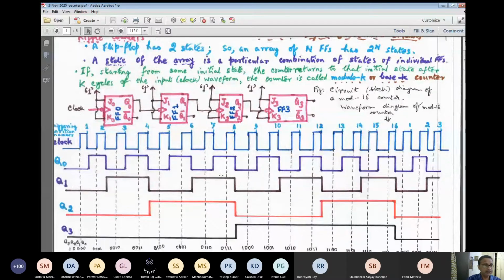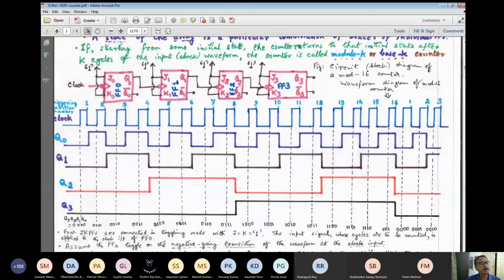Asynchronous means the primary clock is applied only to the clock input of the leftmost flip-flop, but to no other flip-flops. As you can see, the other flip-flops get their clock signal from their immediate left neighbor. So it is not a synchronous system. Synchronous means that the clock signals of all the flip-flops should be driven by the same clock signal.